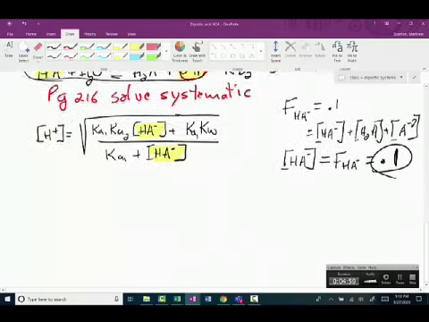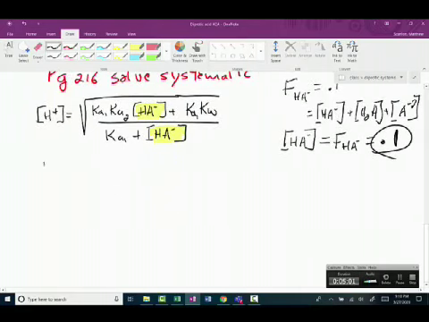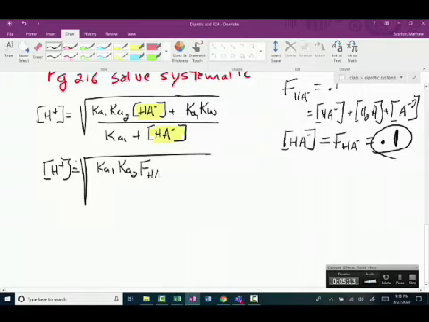So I'm going to plug that value in: the concentration of H plus is equal to the square root of Ka1 Ka2 times the formal concentration of HA minus plus Ka1 Kw divided by Ka1 plus the concentration of HA minus.